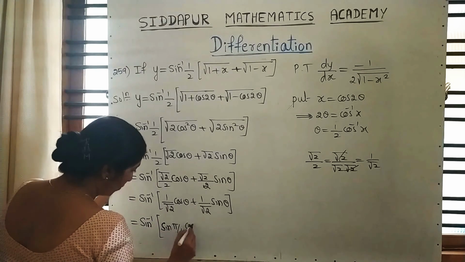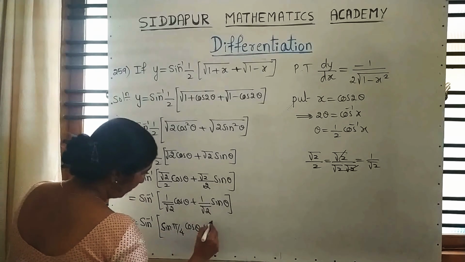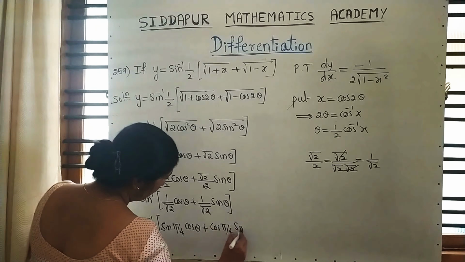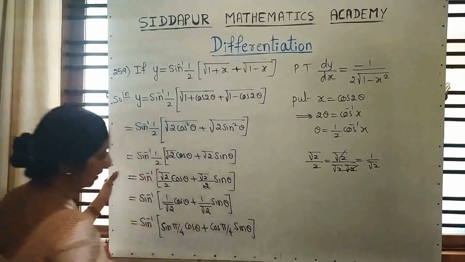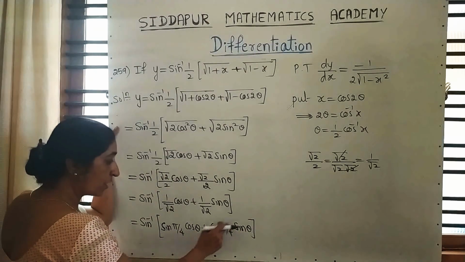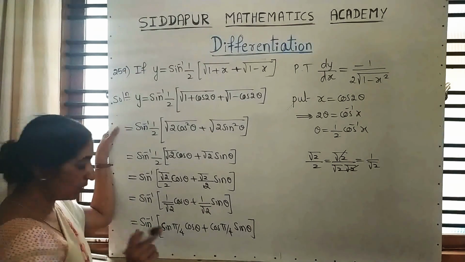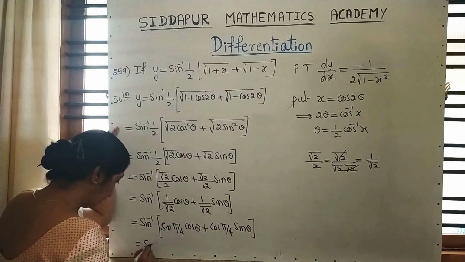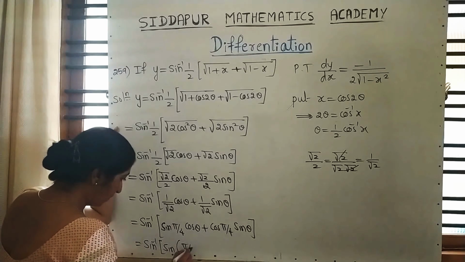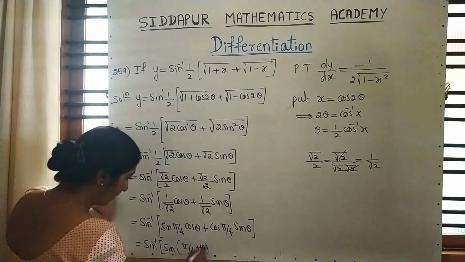I kept cos theta as it is, plus 1 by root 2, here I am writing cos pi by 4 into sin theta. I will explain why I am writing like that. Because now it is in the form of sin x into cos y plus cos x into sin y, that is sin of x plus y. x is pi by 4, y is theta.